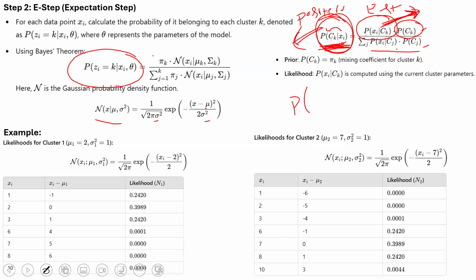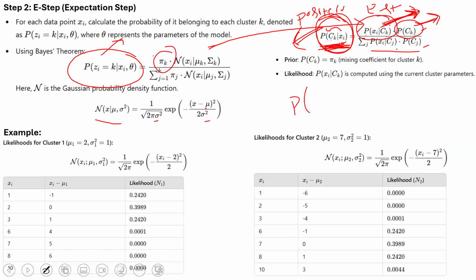This normal distribution is nothing but the likelihood. This mixing coefficient is nothing but the prior probability. Once you calculate the prior probability and the likelihoods, you can calculate the posterior probability. That is what we finally want to find out; we iteratively try to find this posterior probability.